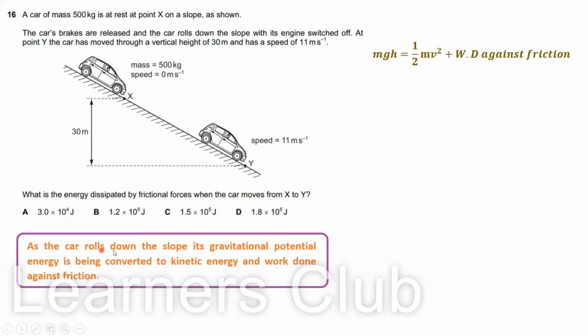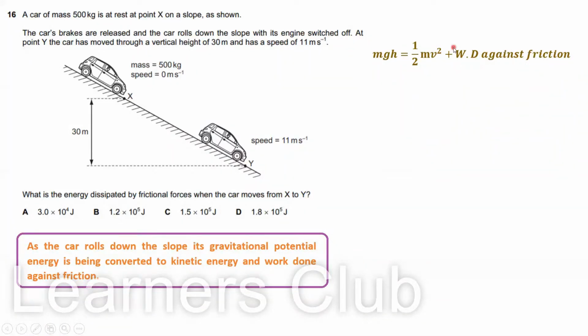So as the car rolls down the slope, its gravitational potential energy is converted to kinetic energy and work done against friction. Potential energy is mgh, kinetic energy is half mv square, plus work done against friction.